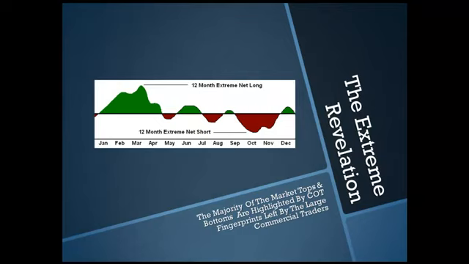One of the most important things as a technical trader, when we use the COT data, is understanding where we are in relationship to the commercial net long or net short position over the last 12 months.